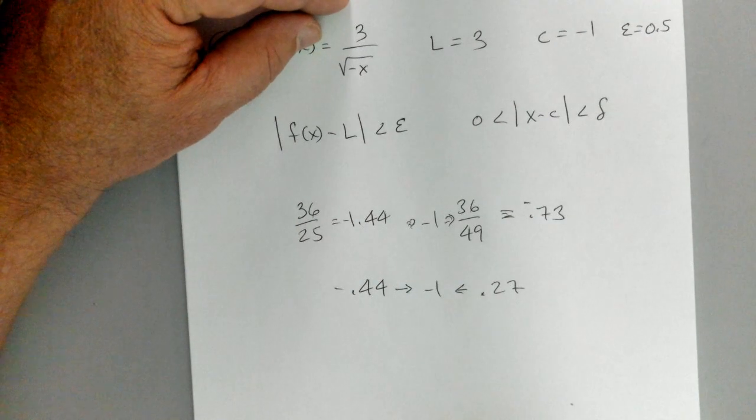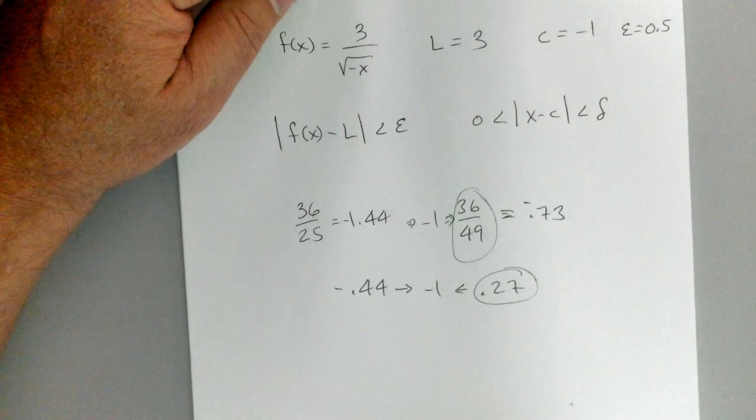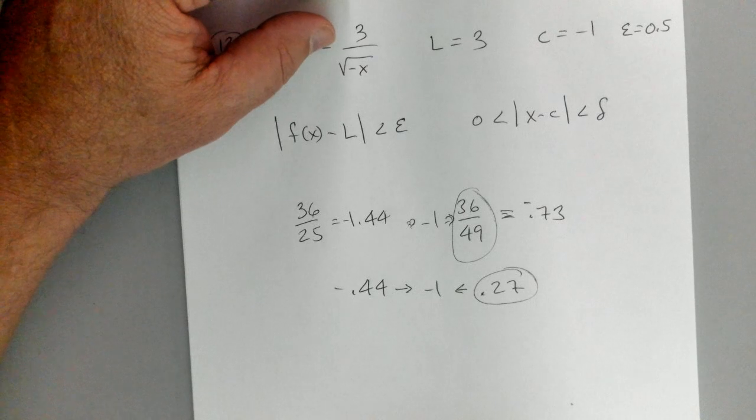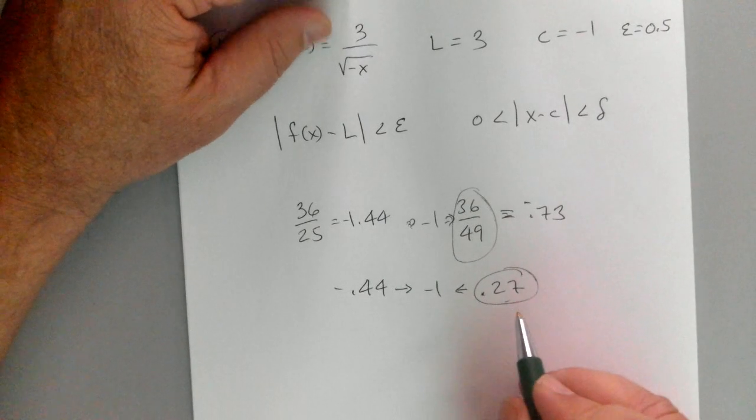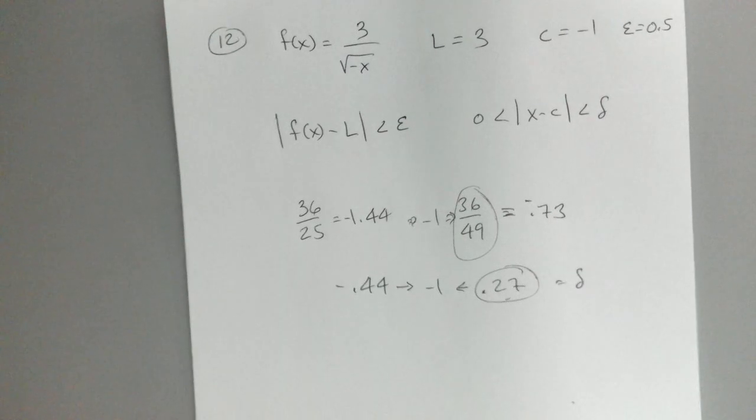Which was closer? -36 over 49. So our delta is 0.27.